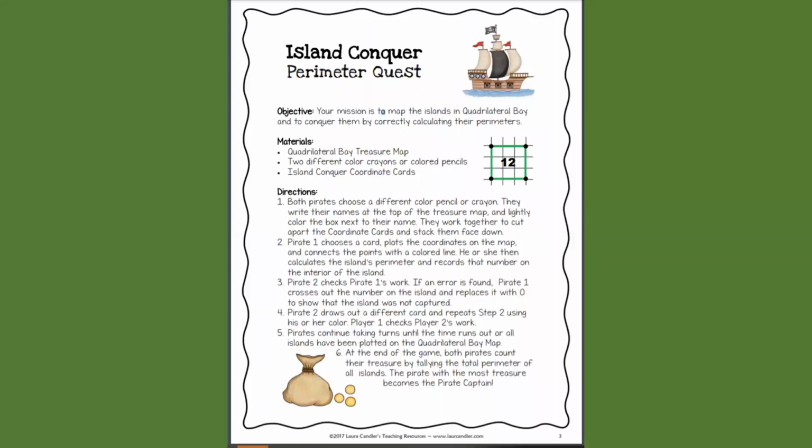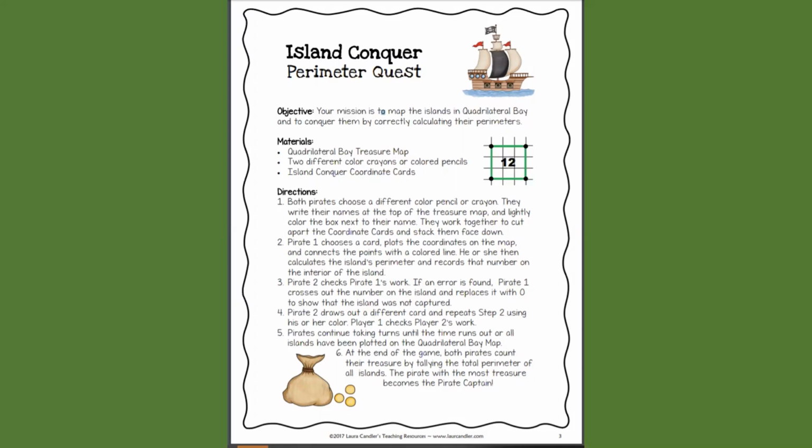Island Conquer can be played by doing Perimeter Quest or Area Quest. The basic rules are the same either way you play, okay? Your mission is to map the islands in Quadrilateral Bay and to conquer them by correctly calculating either their perimeters or areas, whichever way you decide to play.